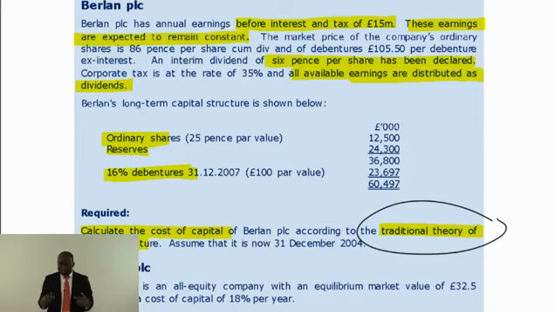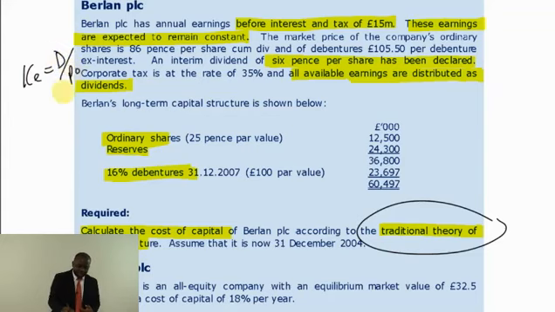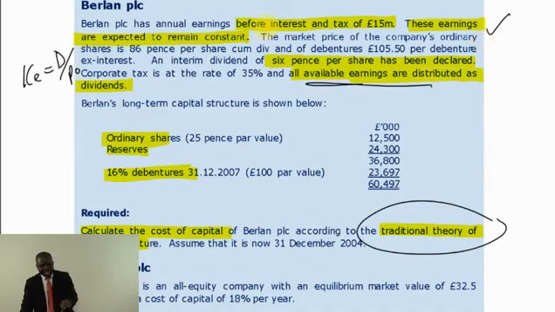So the dividend you need in the Ke is equal to D divided by P0. It's not always the current dividend. You need a future one. So if the examiner gives you the future as given here and he gives you the current, you don't need the current. You have to think about the future. So this is what we're going to do. Once all my earnings will be paid as dividend, and they've given me profit before interest and tax, and earnings is profit after tax, whilst there's no preference shares, I have to pick this 15 million, deduct interest, deduct tax in order to get the profit after tax.